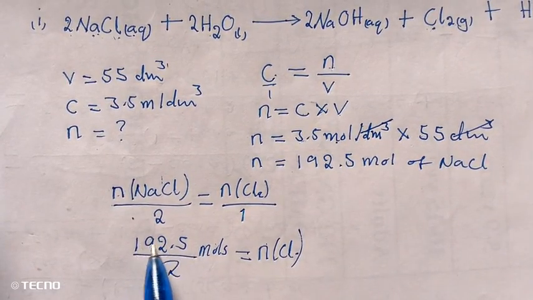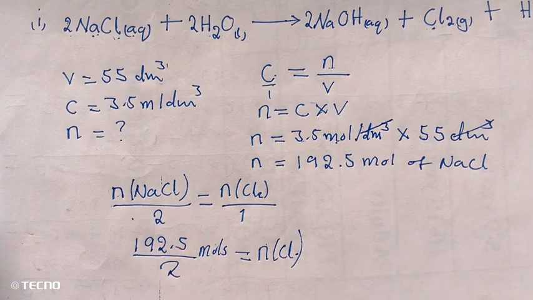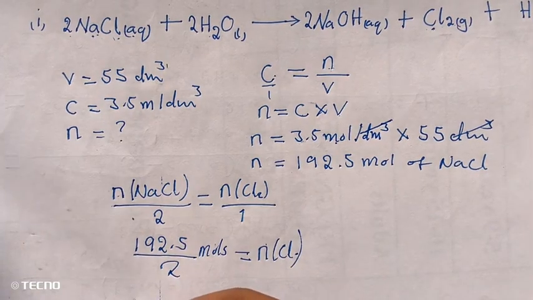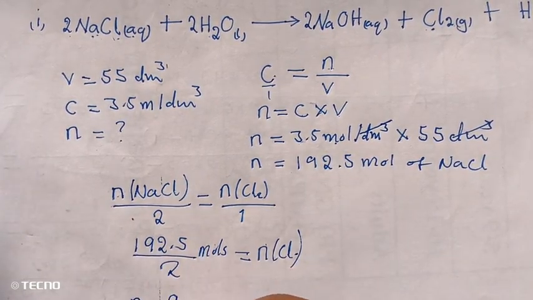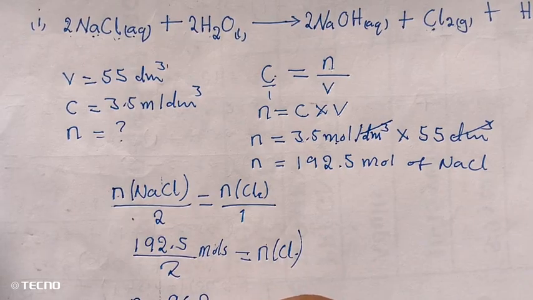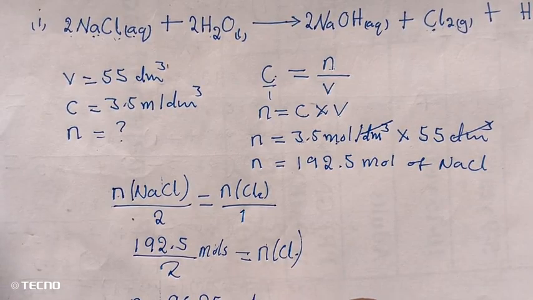So we are going to find half of this. Half of this gives us moles equal to 96.25 moles of chlorine.